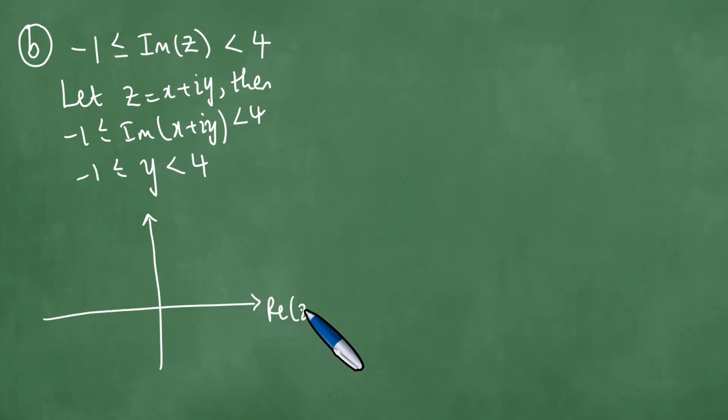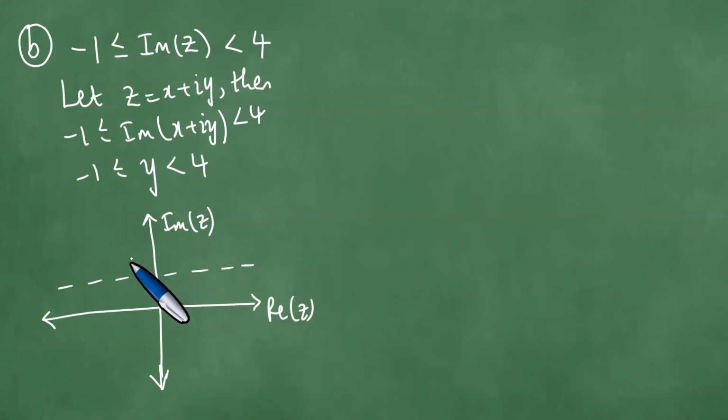So this is real Z, imaginary Z. When we look at the Y's, now Y at 4, you can position 4 like here, and then we also position -1 like here, and then now we're looking at the region that's between them.